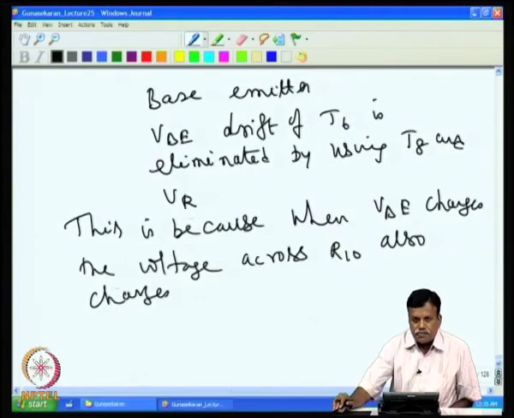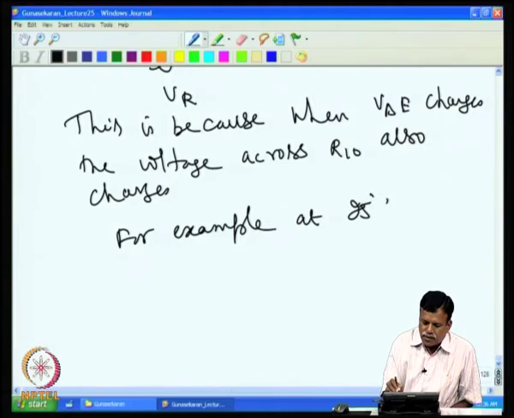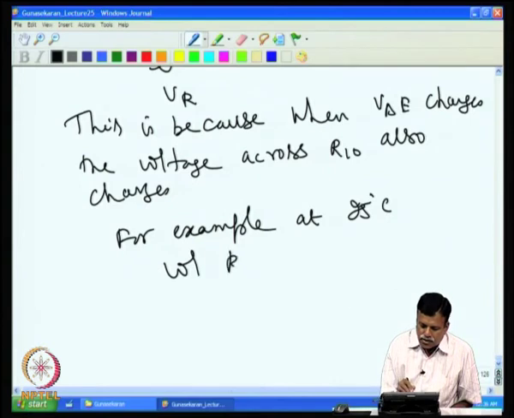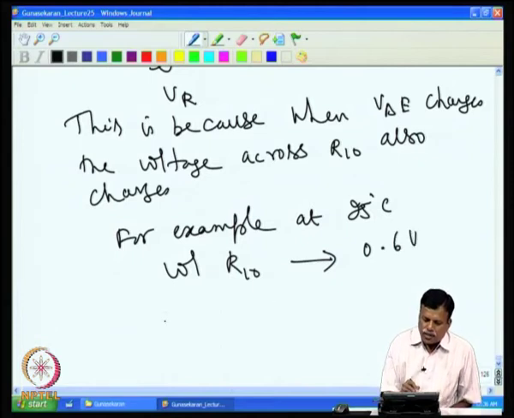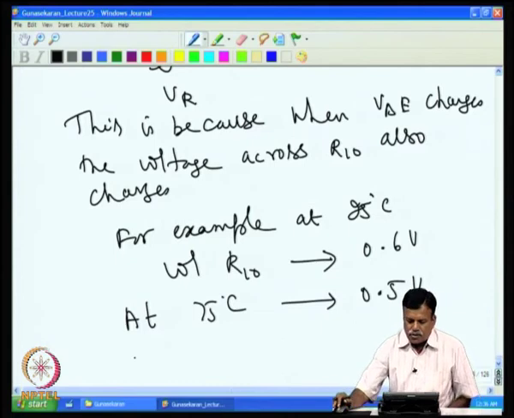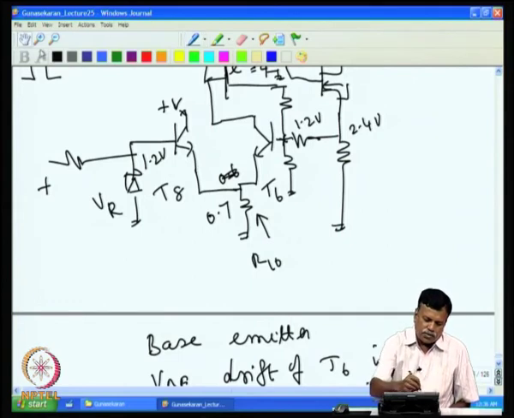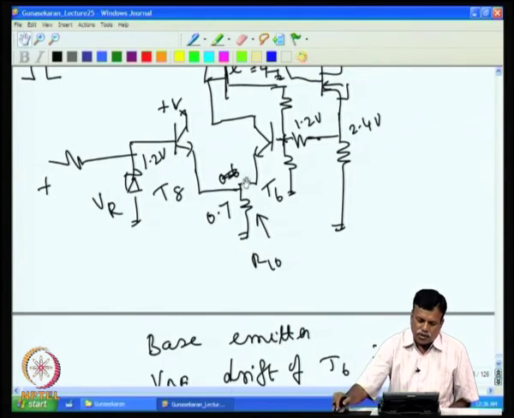For example, at 25 degree C, the voltage across R10 is 0.6 volt. At 75 degree C it comes to nearly 0.5 volt, because now the base-emitter voltage has decreased. So at high temperature it had become 0.7.